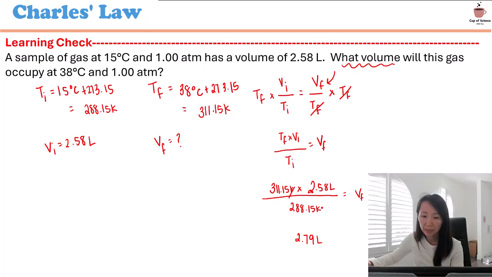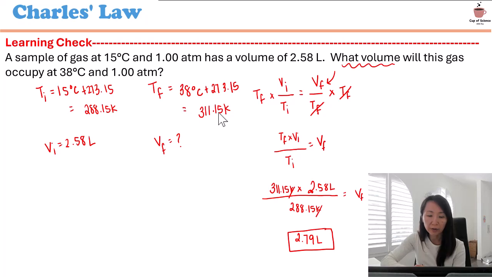And Kelvins cancel out, so we're left with liters. And this is good because you see how the temperature has increased, right? From here, it has increased to over here. And you see the volume also increased, not significantly, but it did increase.